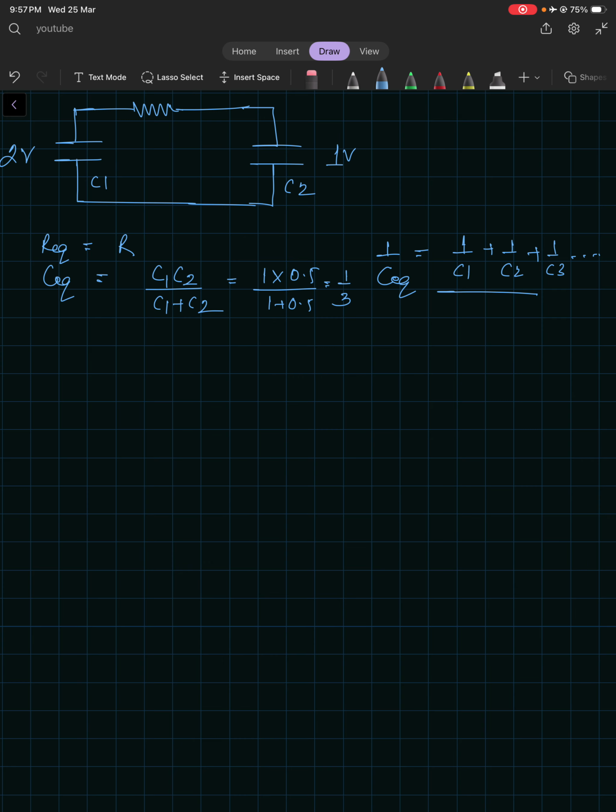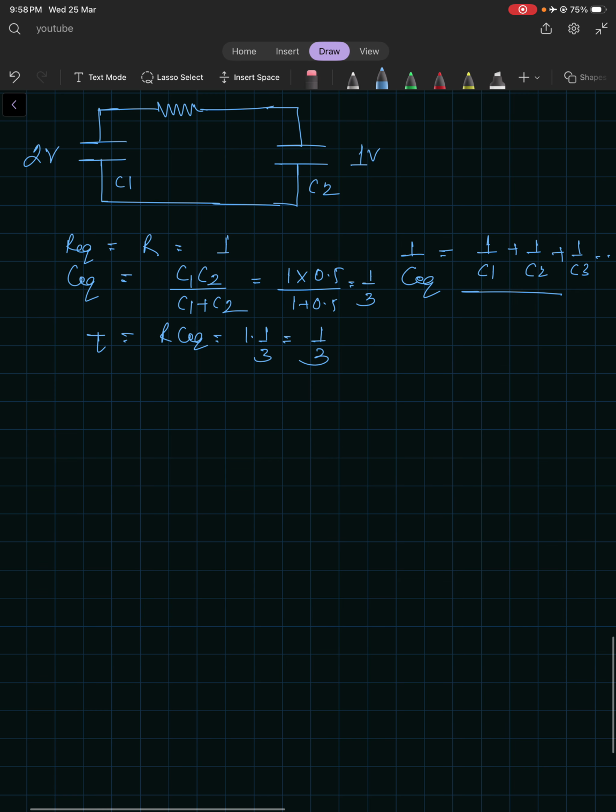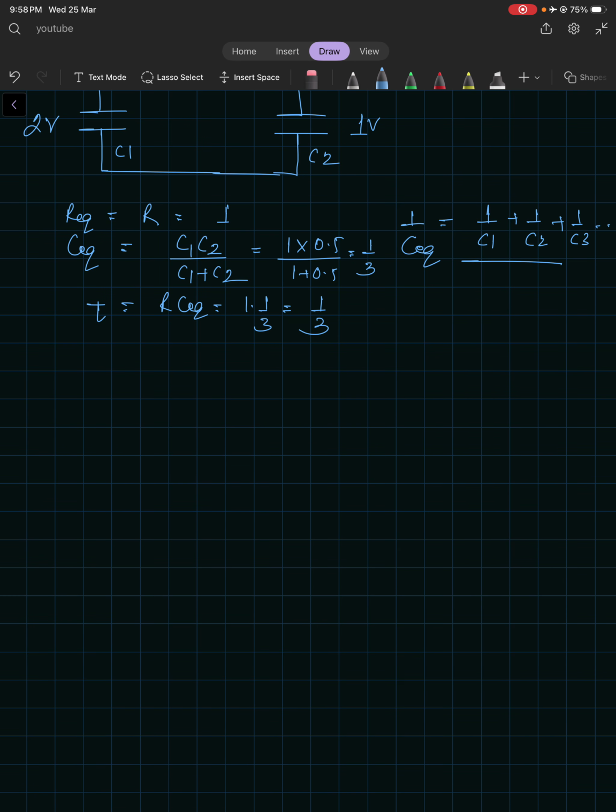So tau is simply R into C equivalent, which is 1 into 1 by 3, equal to 1 by 3. So the initial condition is okay, and we have also figured out the value of the time constant.